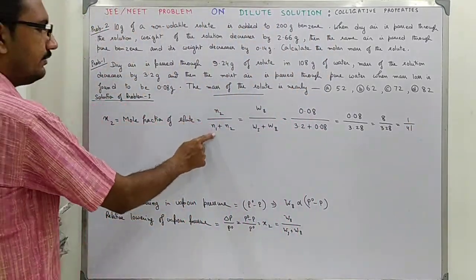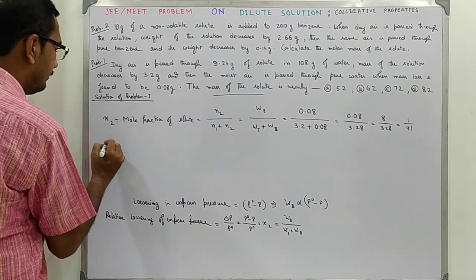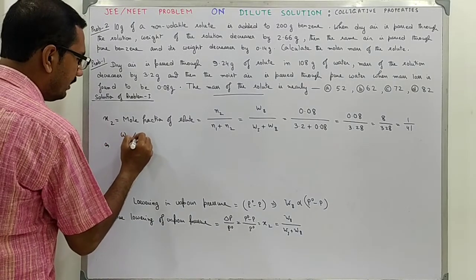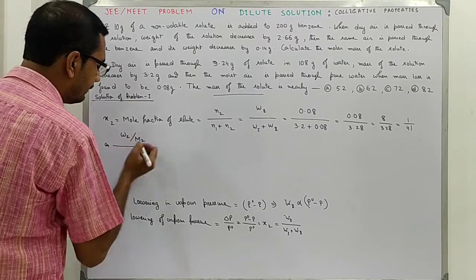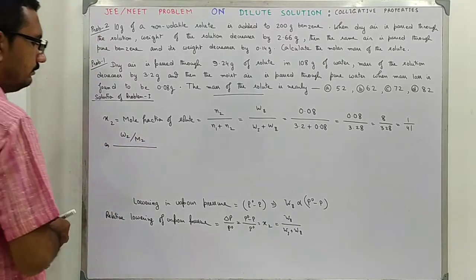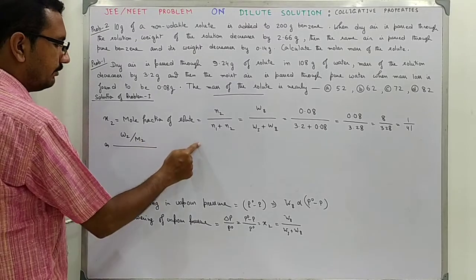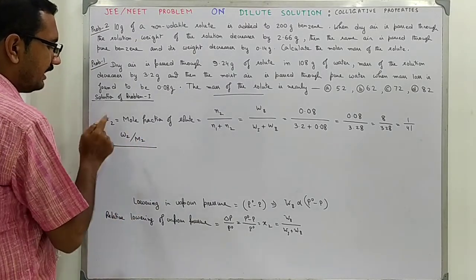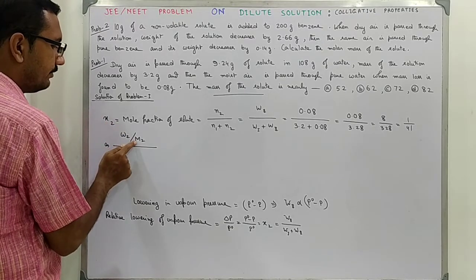Now what is this N2 by N1 plus N2? Number of moles is given by mass by molecular weight. So in M2 gram we have 1 mole, in 1 gram we have 1 by M2 mole, in W2 gram we have W2 by M2 moles.